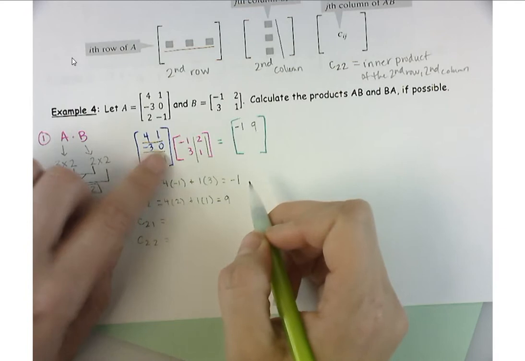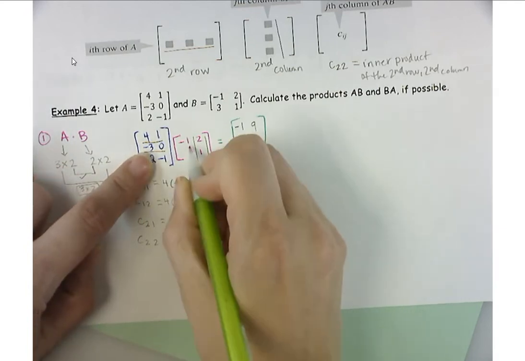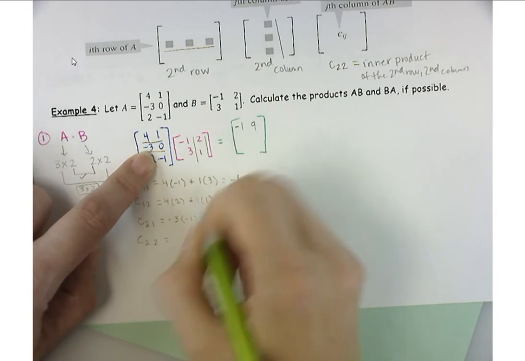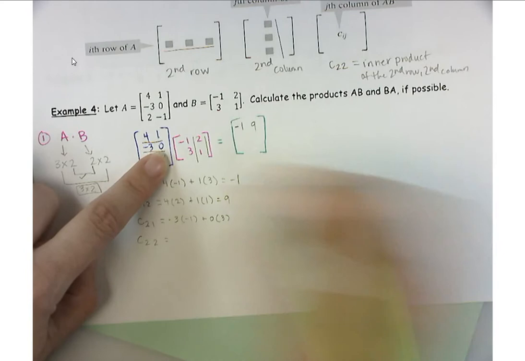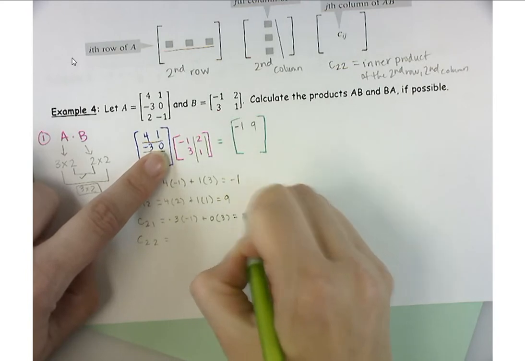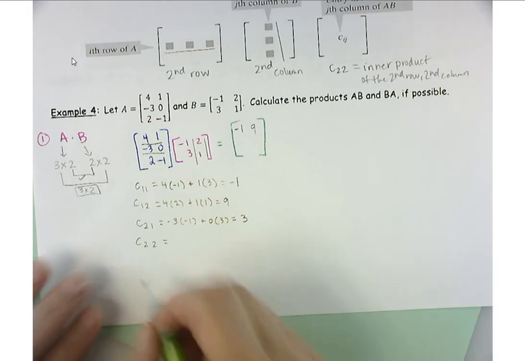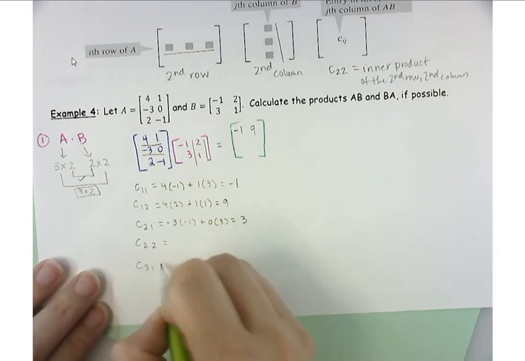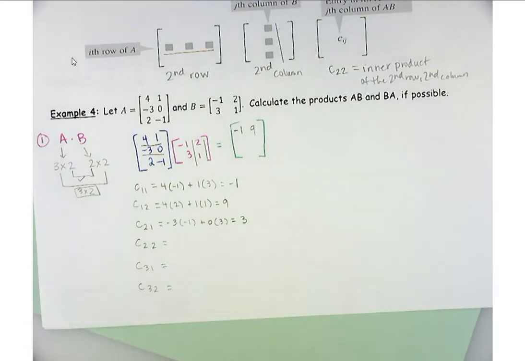So I'm going to multiply negative 3 by negative 1. So negative 3 times negative 1. And I'm going to add that to 0 times 3. Okay, so I want you to see if you can fill in the rest of those. And then we'll check back in just a bit.